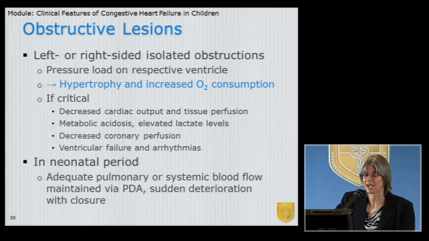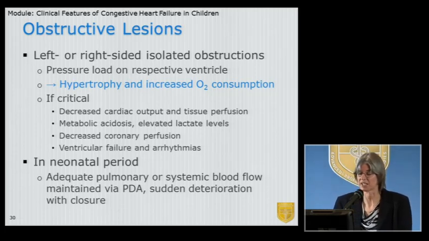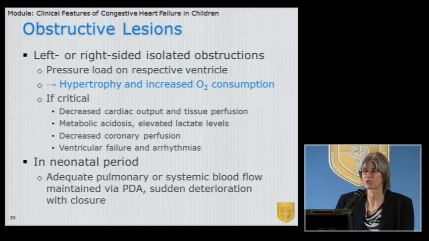In the neonatal period, often enough, the pulmonary or the systemic blood flow, depending on where the obstruction is, can be maintained via the PDA. And these kids all of a sudden will deteriorate once the PDA closes. And the first thing that you do is you start them on PGE and prevent the closure of the PDA. So this is what we call ductal dependent lesions.